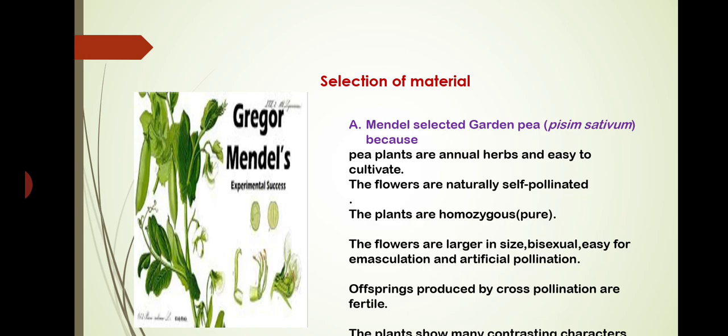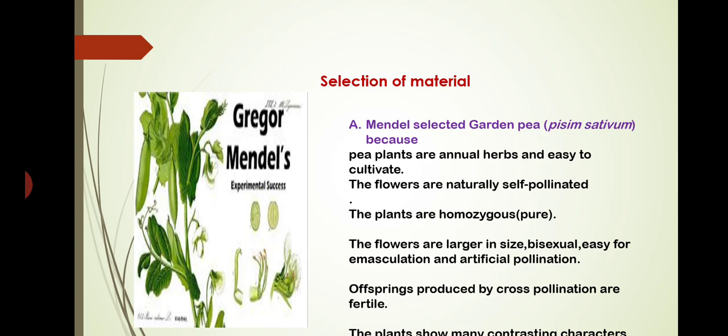Mendel selected the plant because pea plants are annual herbs and easy to cultivate. The flowers of the pea plant are naturally self-pollinated. The plants are homozygous, which means the plant is pure.